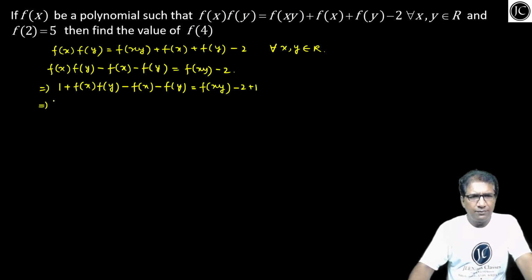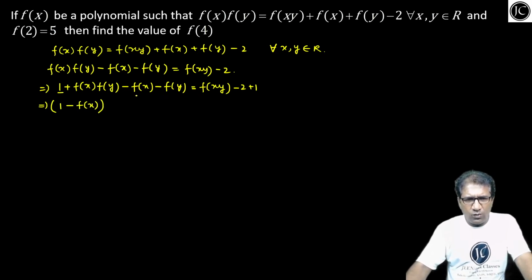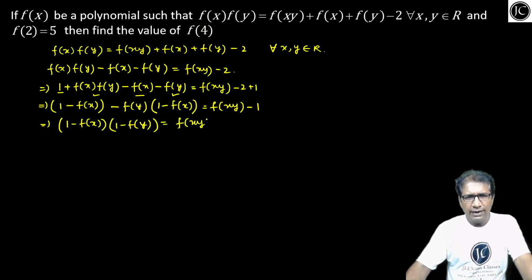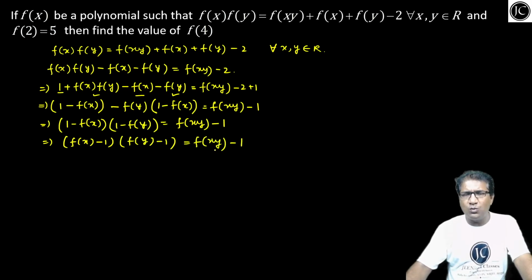So we are having लेफ्ट हैंड साइड में इसको और इसको एक ब्रैकेट में ले लिया, माइनस fy. इफ आई टेक कॉमन फ्रॉम दिस टू, वी आर गोइंग टू हैव... इज इट क्लियर? सो वी कैन राइट दिस थिंग एज 1 minus fy equals to fxy minus 1. मतलब क्या हुआ? fx minus 1 into fy minus 1 equals to f of xy minus 1.